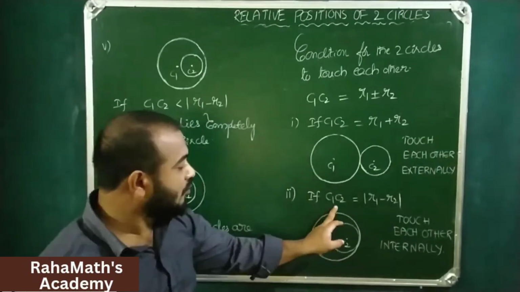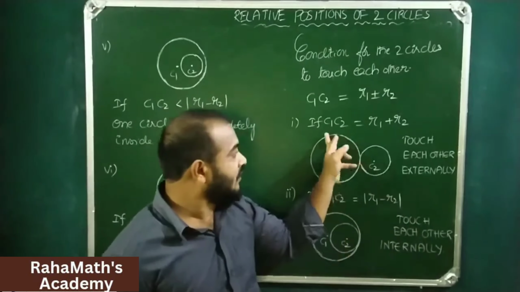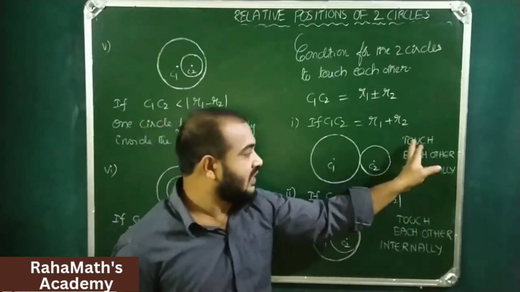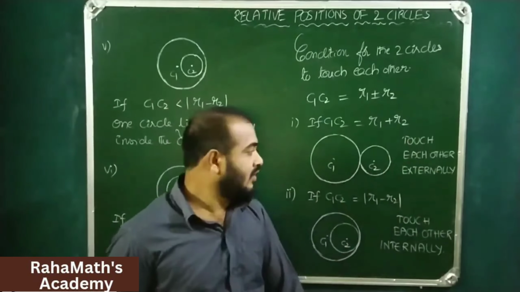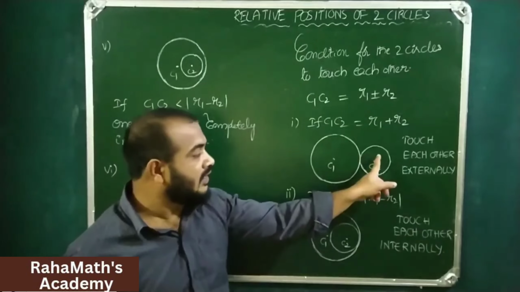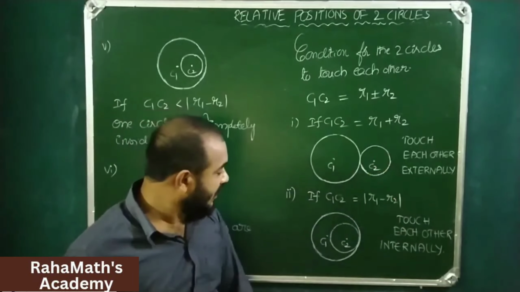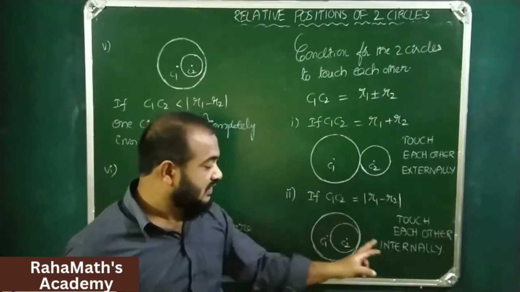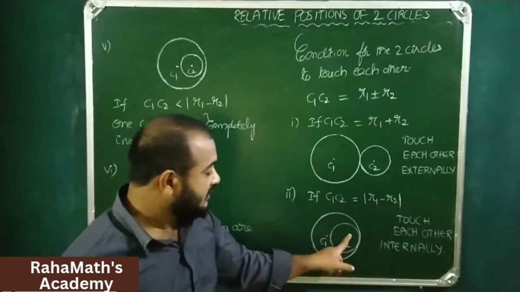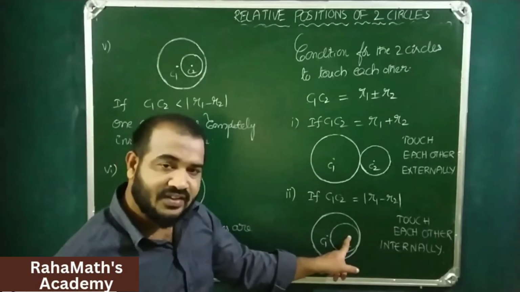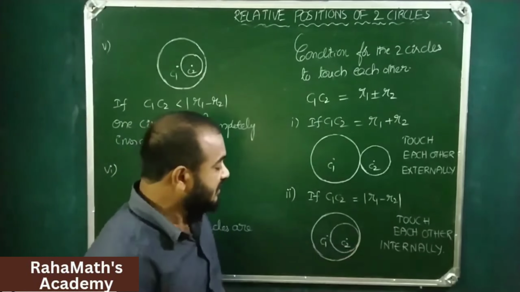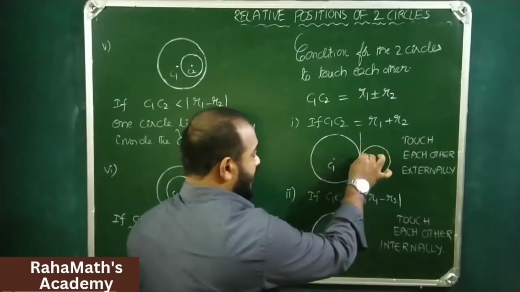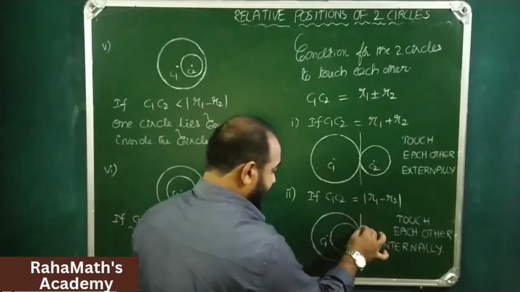Okay, and C1C2 equals R1 minus R2, the two circles touch each other internally. So one circle lies completely inside the other circle, and the two circles touch at this point of contact. Here, this is the point of contact, and this is the common tangent.